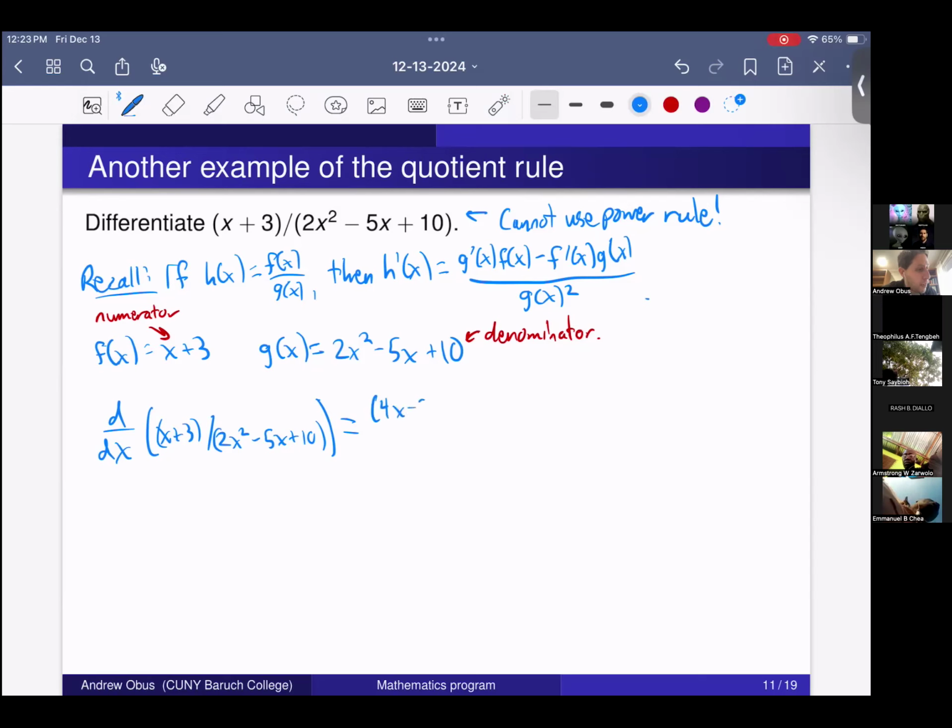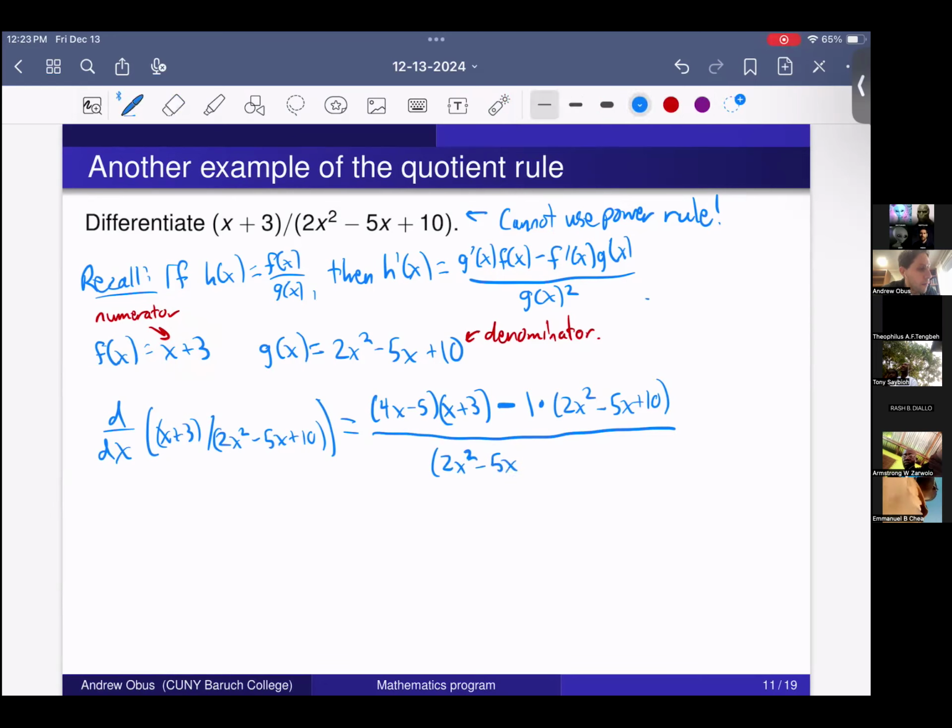So 4x minus 5 times f of x, that's x plus 3. And then minus the derivative of f, so that's just 1. The derivative of x plus 3 is 1, times g, which is 2x squared minus 5x plus 10. And all that divided by the square, 2x squared minus 5x plus 10, squared.